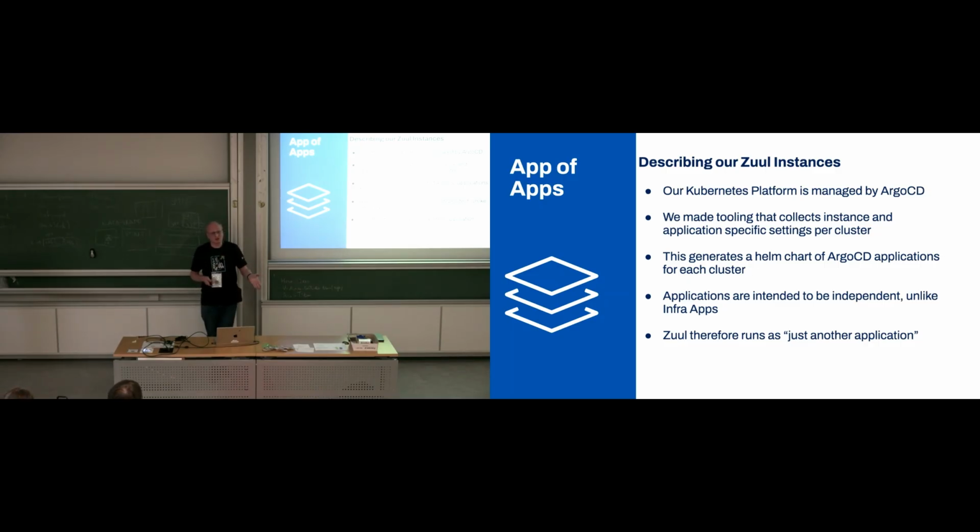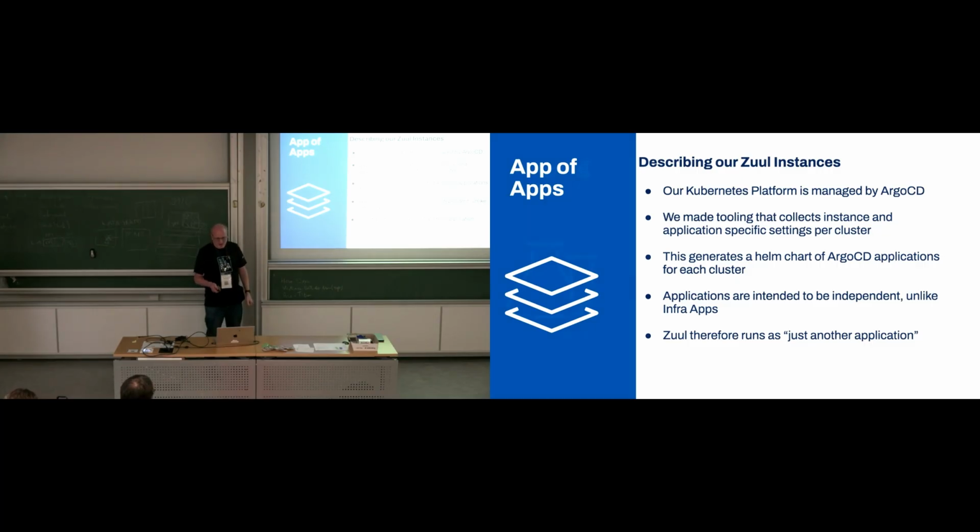So this allows us to ensure that we don't have a lot of drift. Zuul is just another application side by side with a bunch of other things that we run at the same time. We've talked about how the App of Apps gets built. Zuul is basically just one of the normal tenants there.